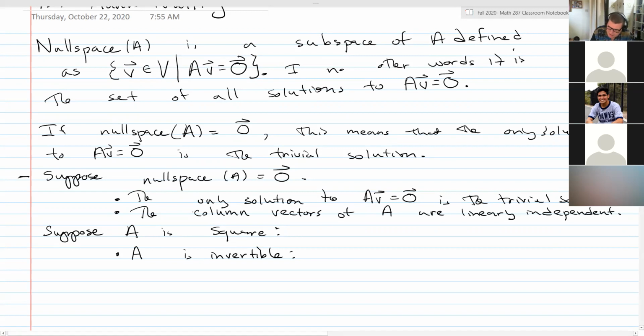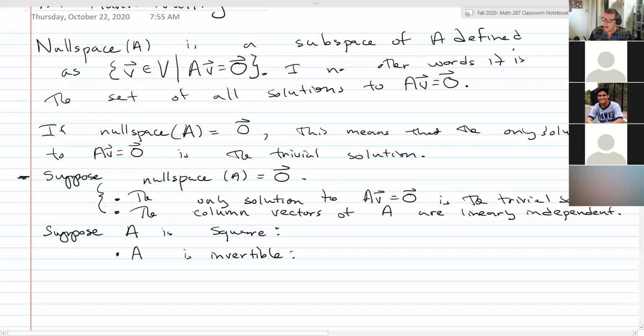Notice that's why I put it back over here: we don't need A to be square for the null space of A equal to 0 to imply that the column vectors of A are linearly independent. These three come together no matter what. They are essentially the same idea: the only solution to Av equals 0 is the trivial solution, and the column vectors of A are linearly independent.